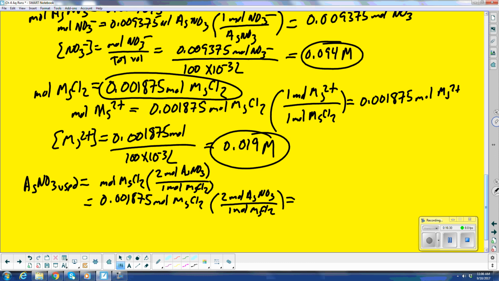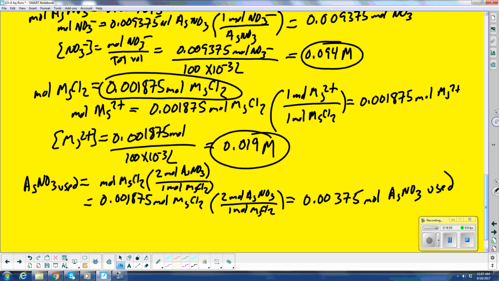Okay, so let's take that 0.001875 times 2 divided by 1, and why did I divide by 1? Everybody knows that dividing by 1 makes no difference, right? 0.00375 moles of what? AgNO3, but that is AgNO3 that is doing what? It's being used in the reaction.